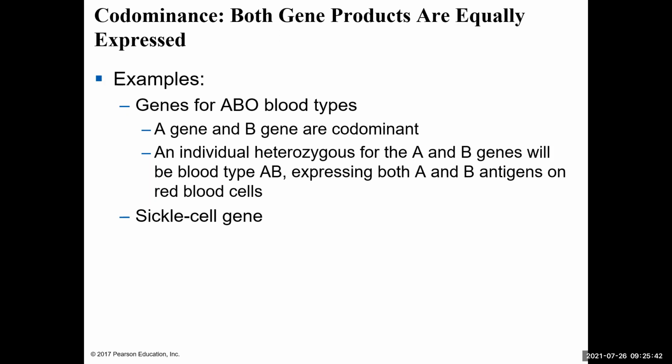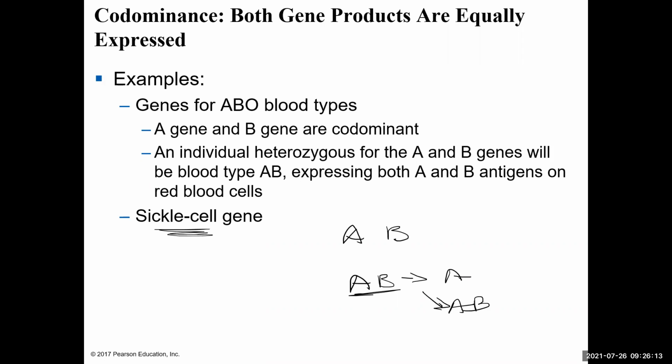So for example, under normal scenarios, if A was dominant and B was recessive, if you have an AB genotype, then that would be an A blood type. But because A and B are codominant with one another, when you have the AB genotype, you actually have the AB blood type. And so if you're heterozygous for those, then you express both antigens on the blood cell.